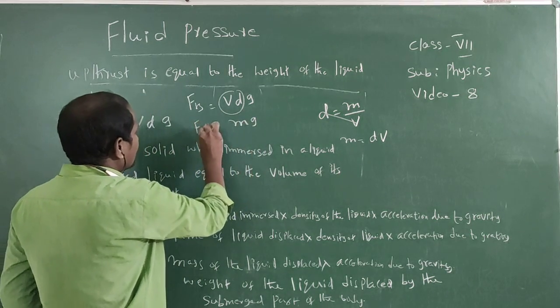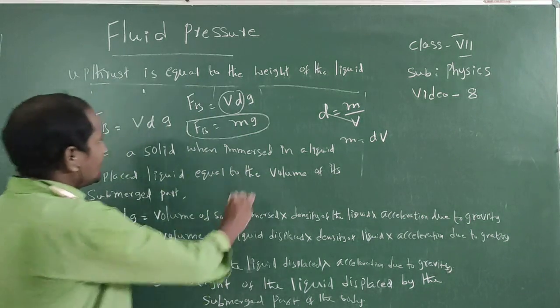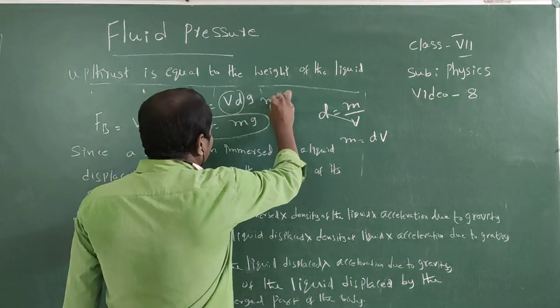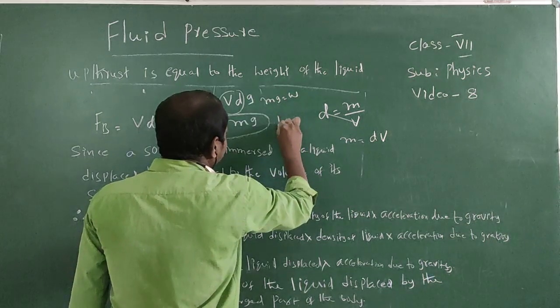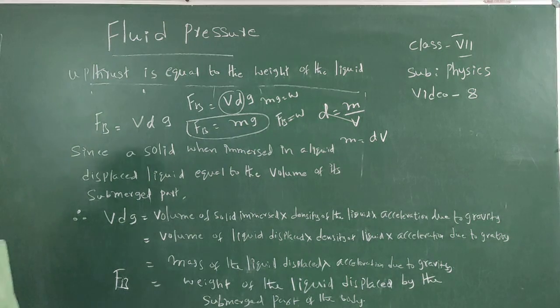So here F equals mg, and mg is nothing but the weight of the body. That means the buoyancy force equals the weight of the body, or the weight of the liquid displaced.